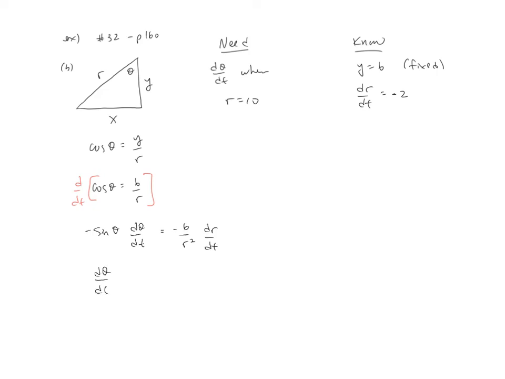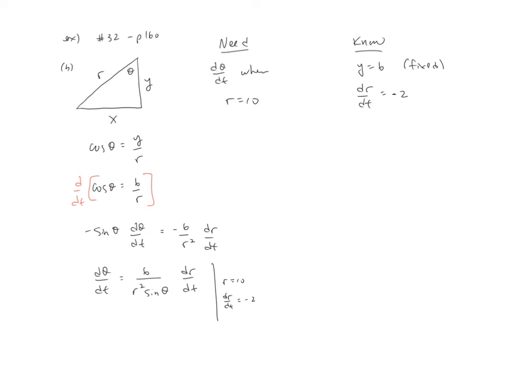d theta/dt would equal a 6 over r squared sine theta dr/dt. And now we substitute. The information we know is that r equals 10, that dr/dt is equal to negative 2, and then the other thing we would need would be that theta.